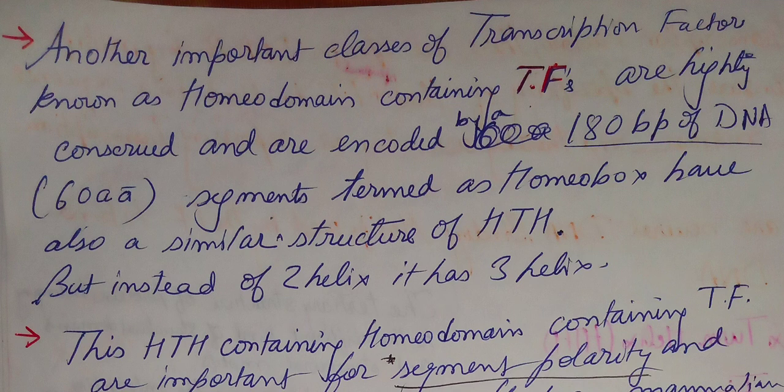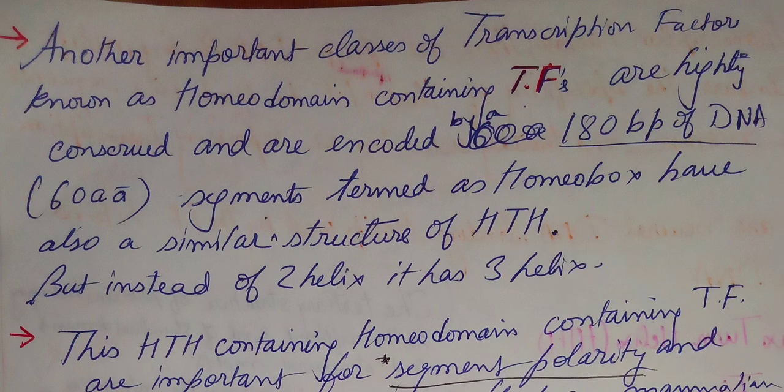They are highly conserved, encoded by 180 base pair of DNA. That is, it is made up of 60 amino acid segments termed as homeobox. This homeobox also has that same type of helix turn helix motif, but instead of 2 helix, it has 3 helix.